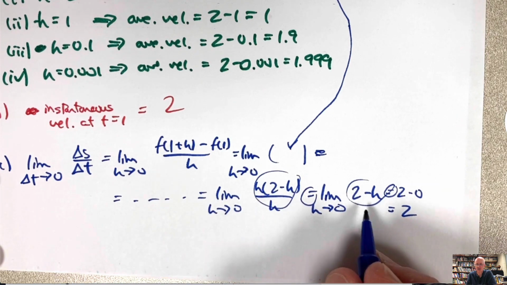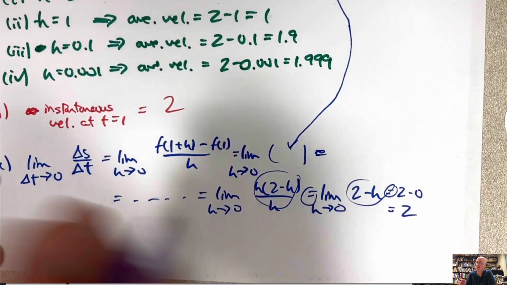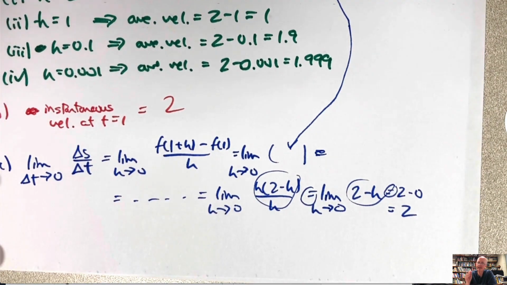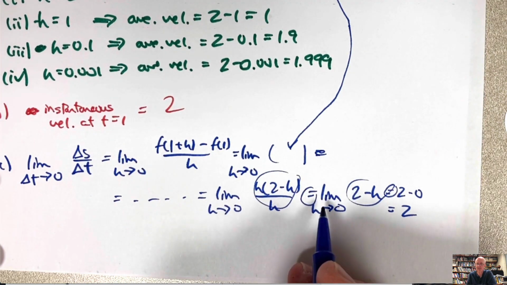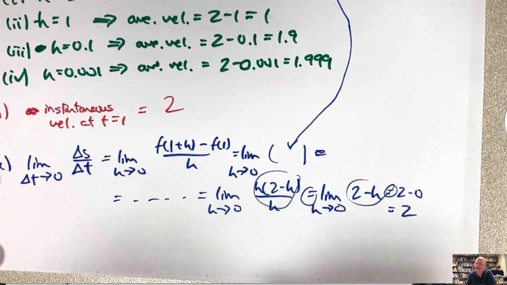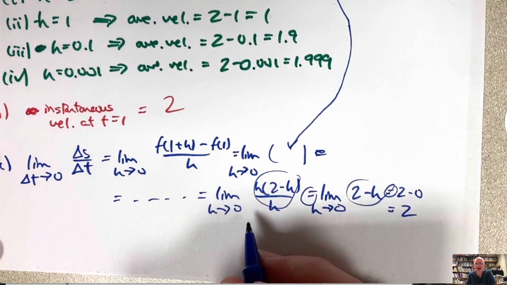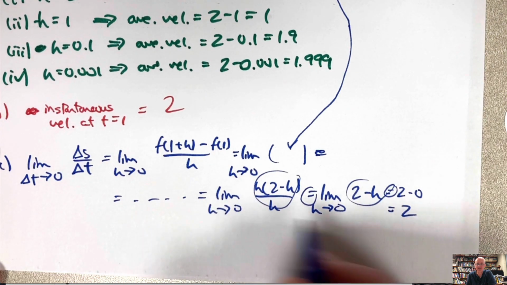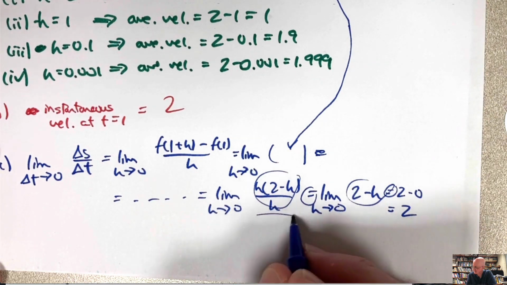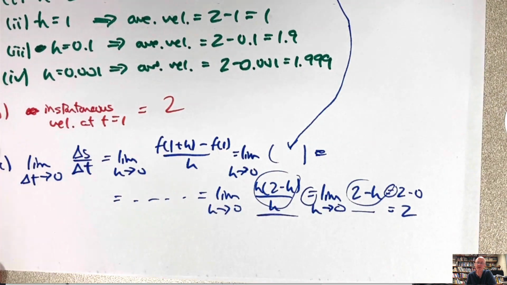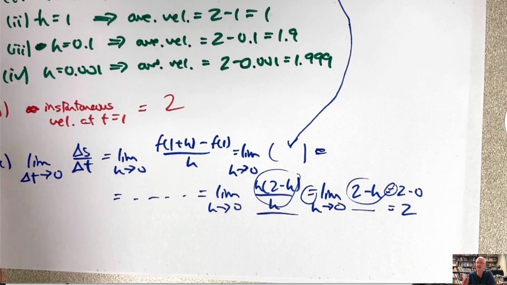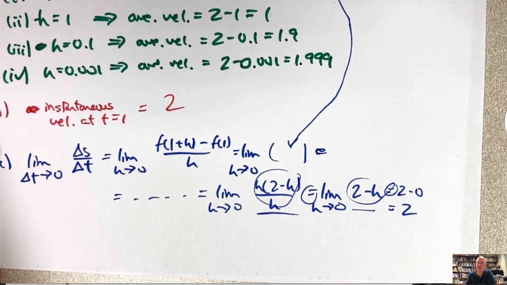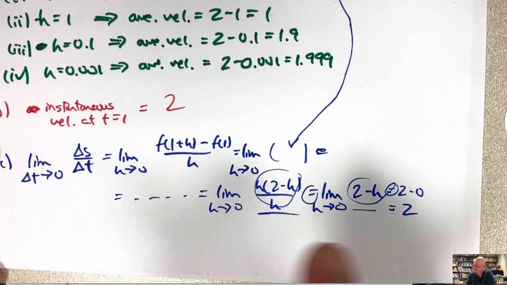Since these two expressions, these two functions of h, are equal when h is non-zero, and since I'm not literally letting h equal 0 when I think about this limit, until the end, confusingly, if this limit exists, then this one has to exist as well, and they have to be the same. Because these expressions here and here are the same when h is non-zero. And technically, in the definition of a limit, I actually don't care about what happens to the function when h equals 0. So that justifies this equality.